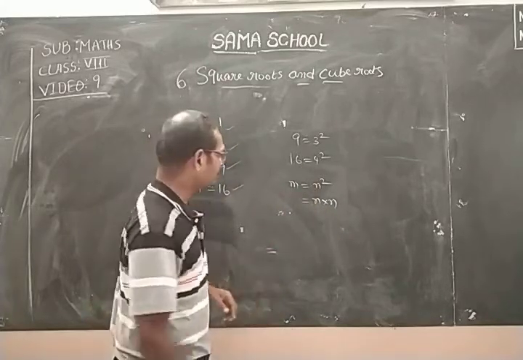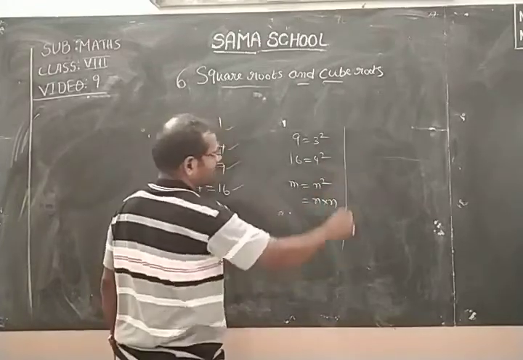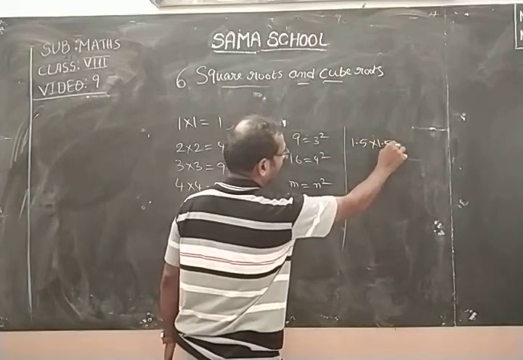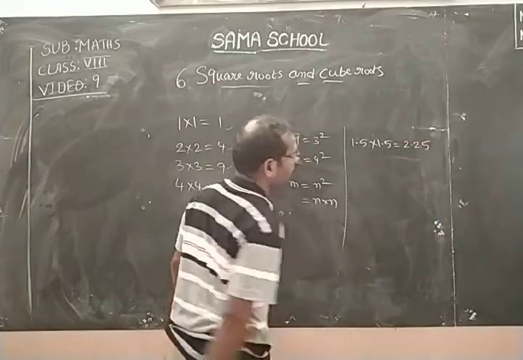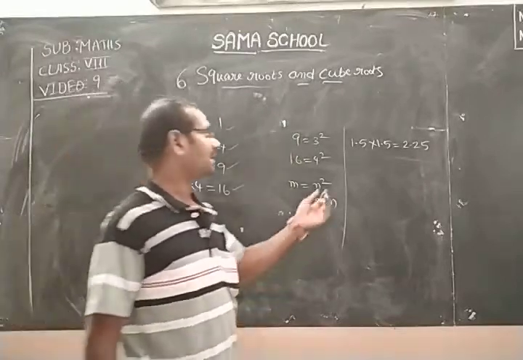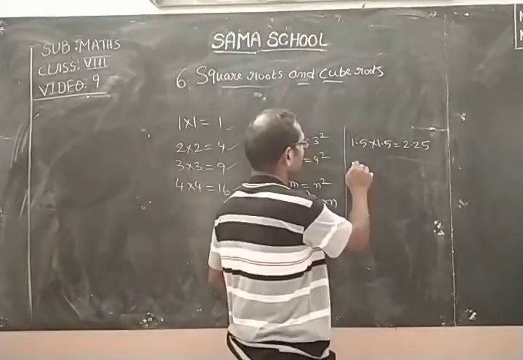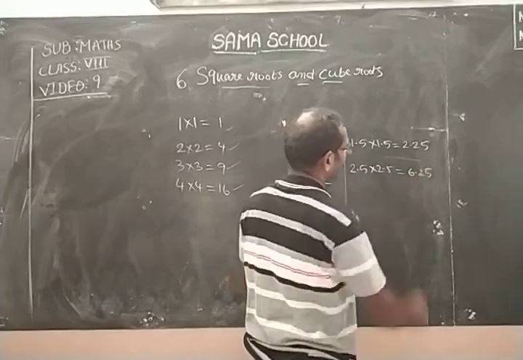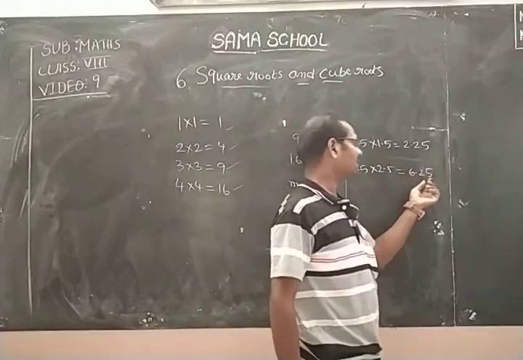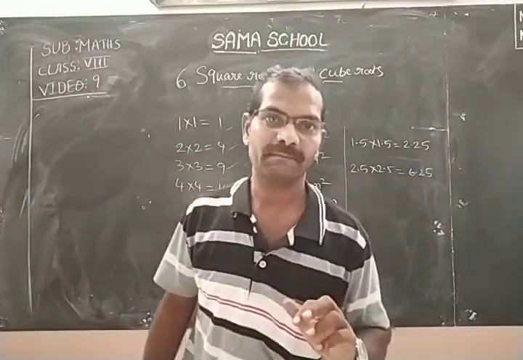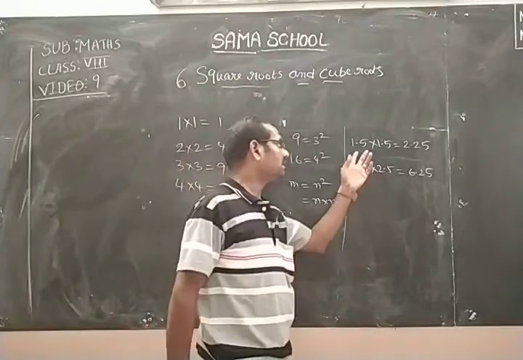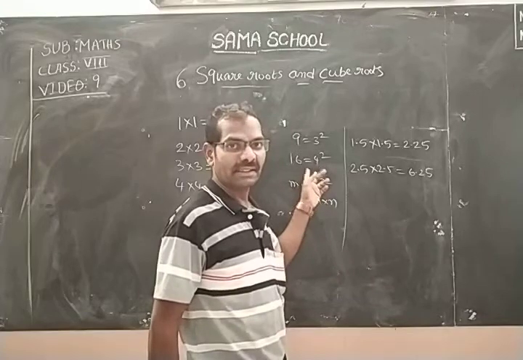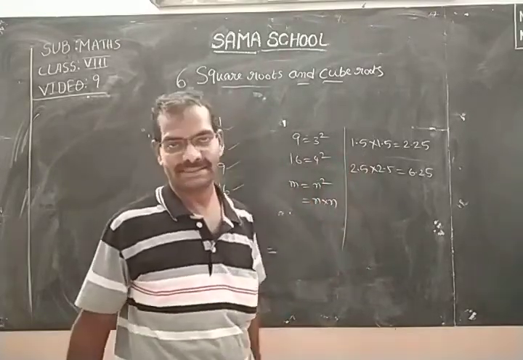In some cases, 1.5 into 1.5 is equal to 2.25, and 2.5 into 2.5 is equal to 6.25. Here 2.25 and 6.25 are not perfect squares, because these products are not integers. Decimal numbers are not integers.